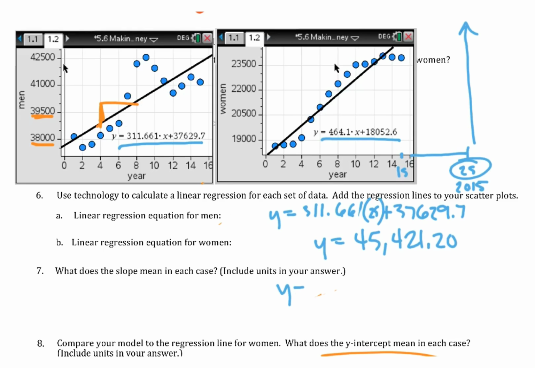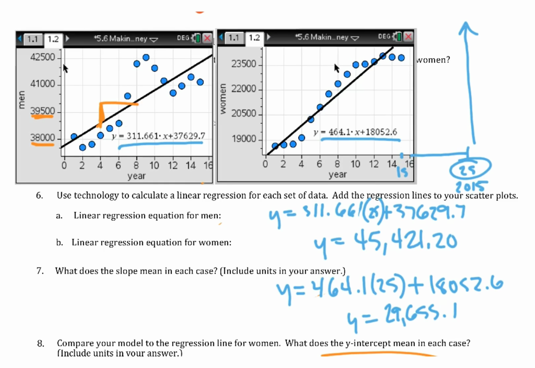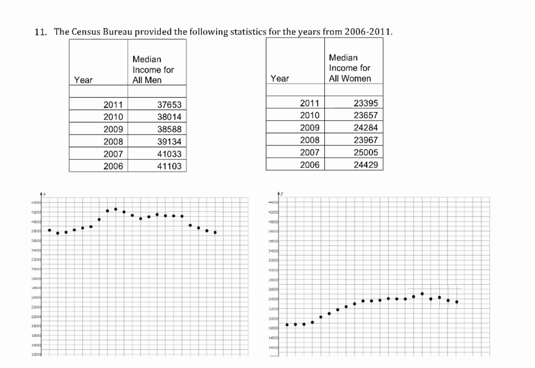For women we do the same thing, but with their different equation. Again, I'm just going to put it into the calculator and let the calculator crunch all those numbers for me, which when we do, we end up getting 29,655.1. So those are our estimates.